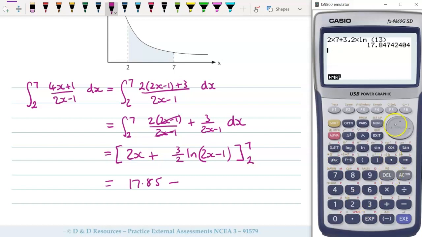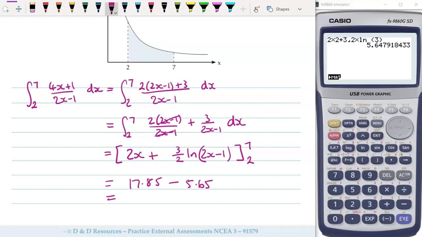Let's go 2 times 2 plus 3 over 2 times the natural log of 3. So 17.85 minus 5.65, 12.2.